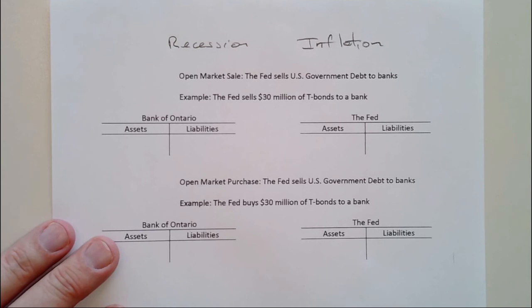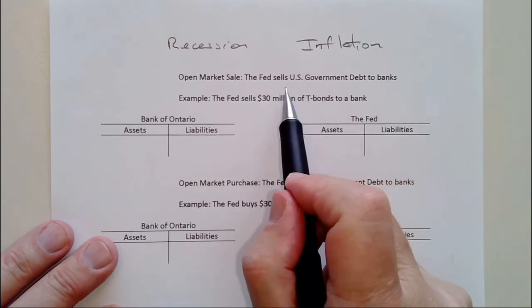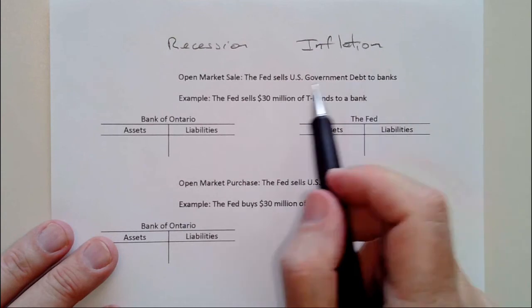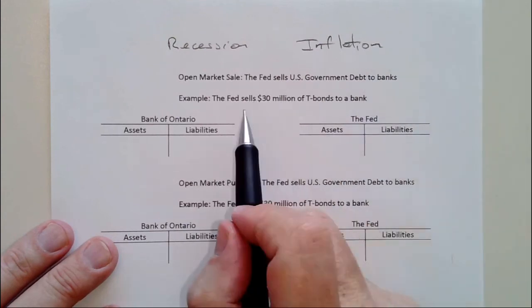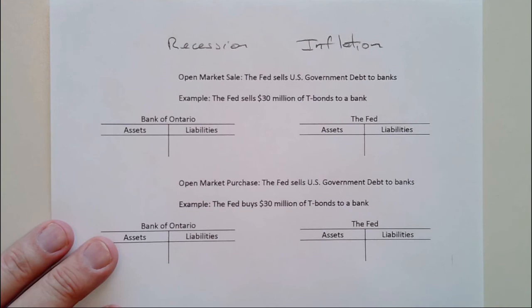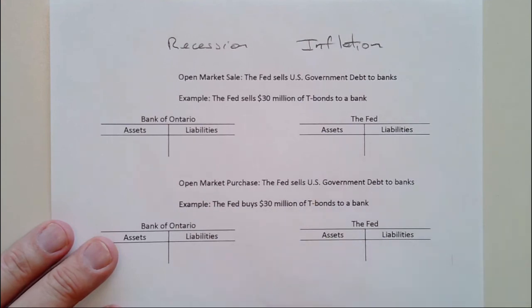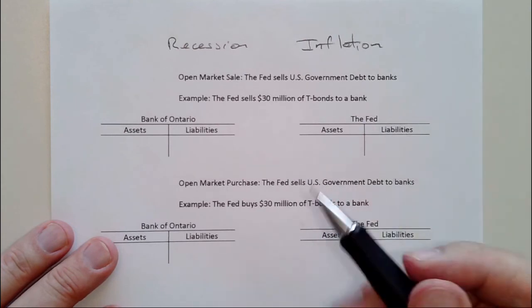So open market sale. Let's see what this does. The Fed announced from the trading desk they want to sell U.S. government debt to banks. And they would announce an amount, and the actual purchase price will be based on what banks are willing to pay. The Fed just says we're going to sell these treasury bonds or treasury bills, and you guys make an offer on it. And they'll take the highest offer from a bank.